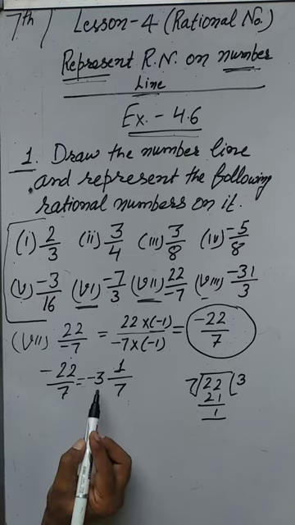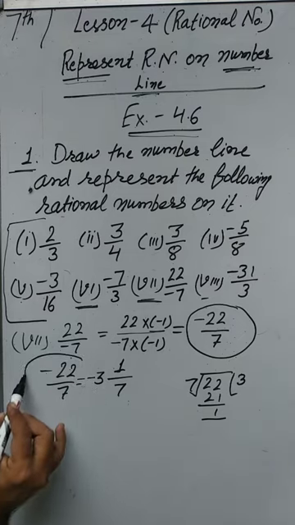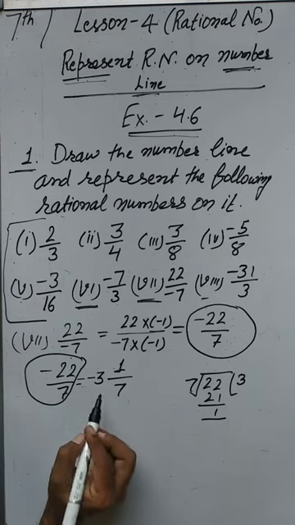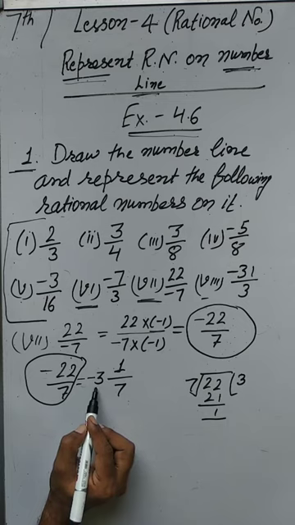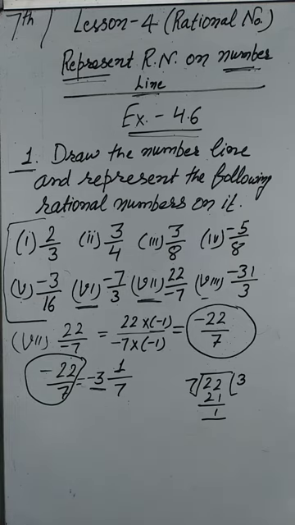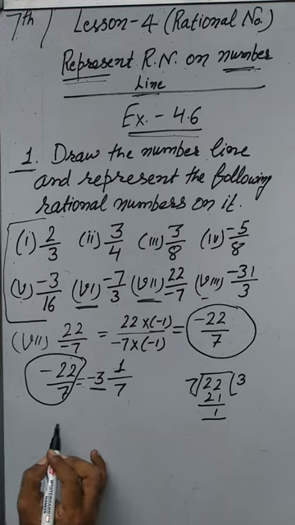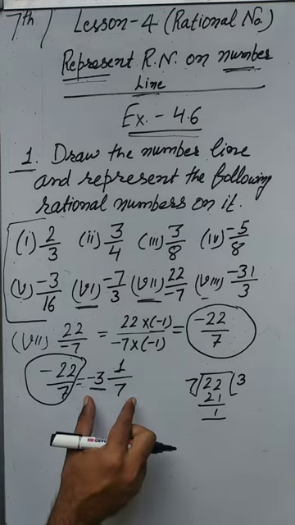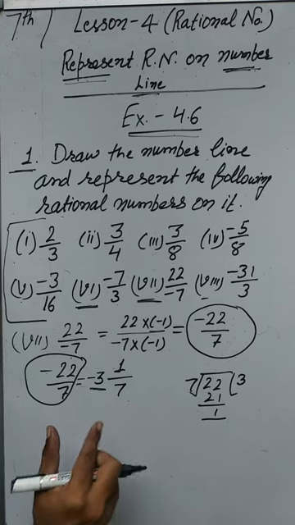Understood? From here we get an idea. Minus 22 upon 7 lies between minus 3 and minus 4. Clear? So we have to work on the portion between minus 3 and minus 4.